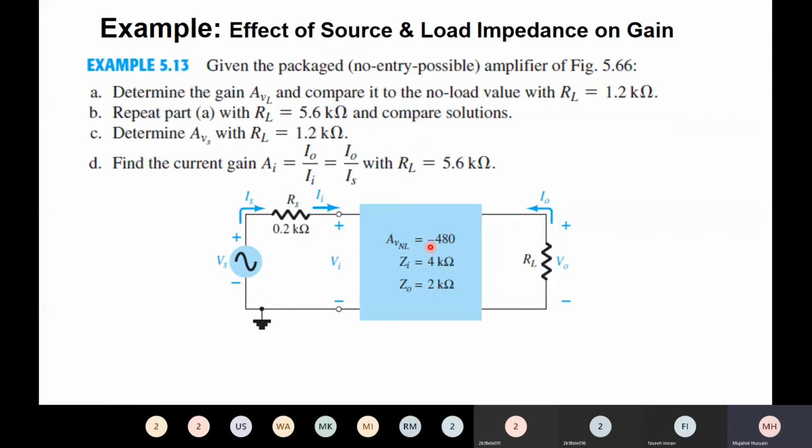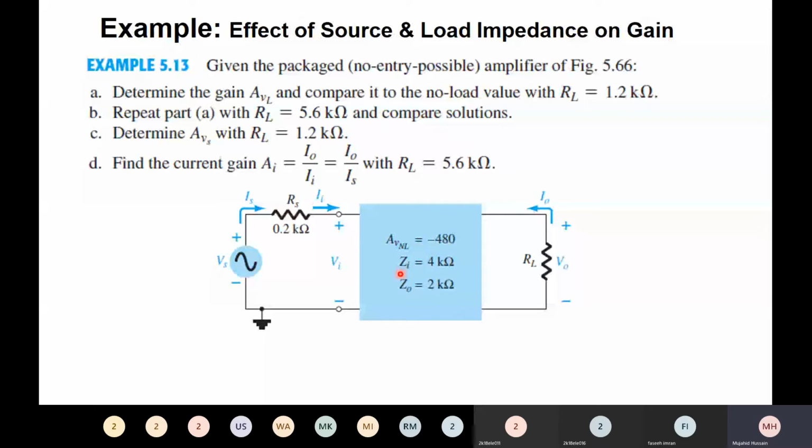We don't need to go into the depth of the type of configuration which this two-port system has. We are concerned only with the voltage gain, and the input impedance and the output impedance are given to us.